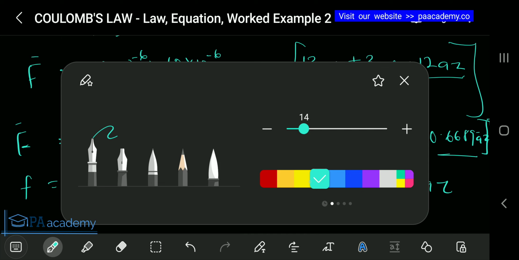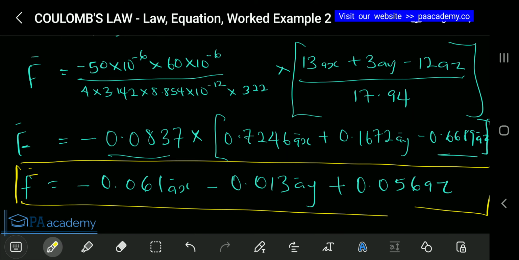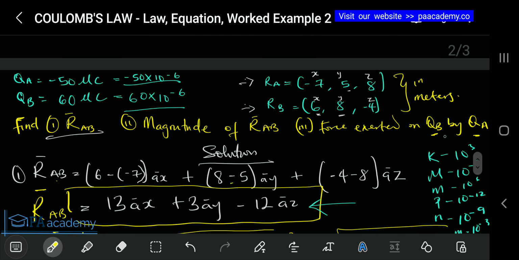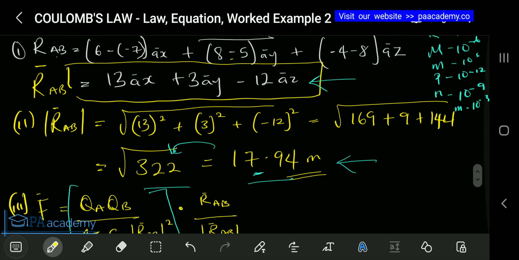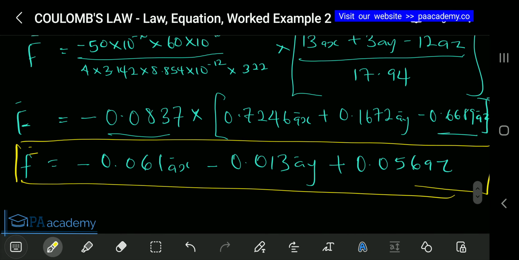So with this, we've been able to get the value of the force exerted on QB by QA. With that, we've been able to answer the first, second, and third parts of this question.